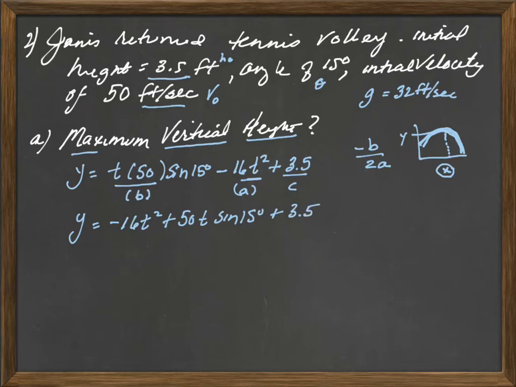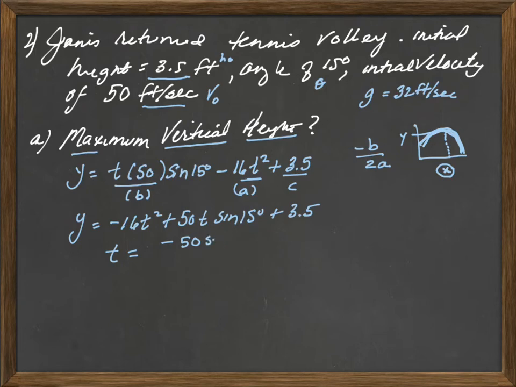So when I take the opposite of b, we're solving for time, right? Because time is like your x in this case. So t is equal to the opposite of b, which would be negative 50 sine 15 degrees. Not the t, though, remember? You don't use the variable when you're pulling off the coefficients.